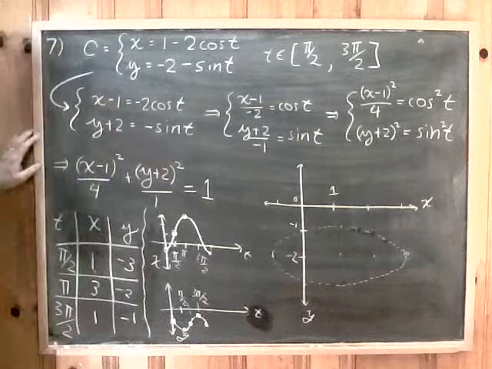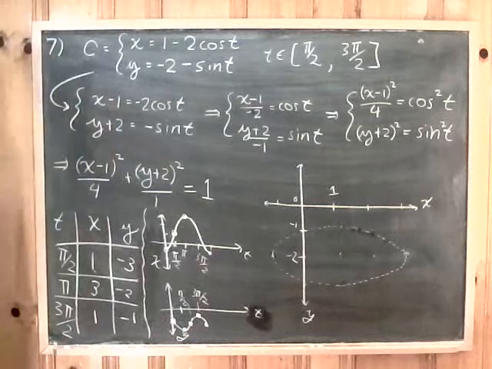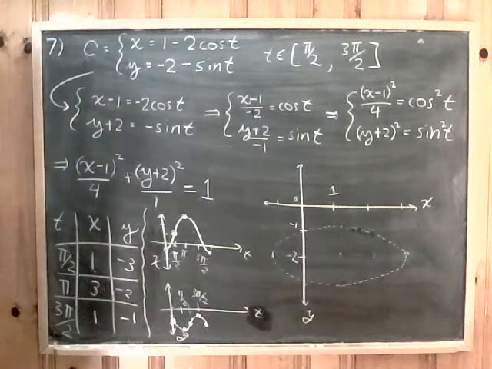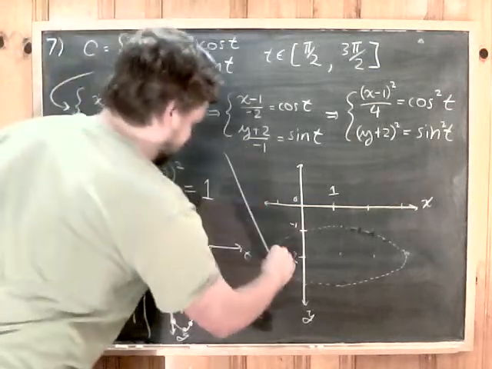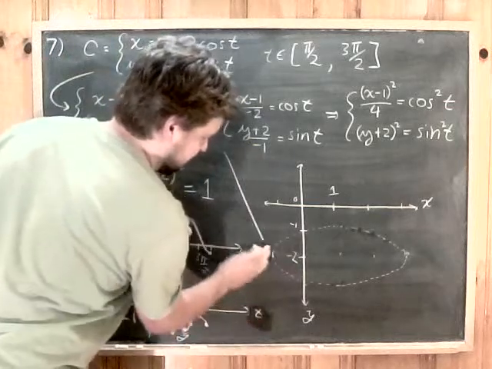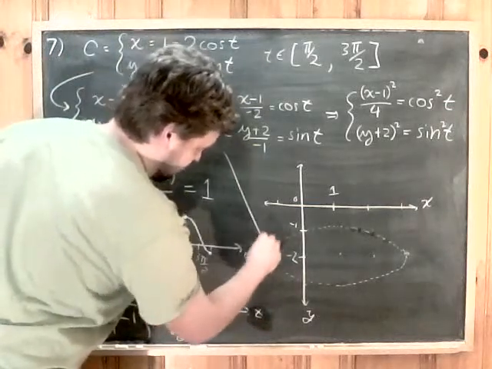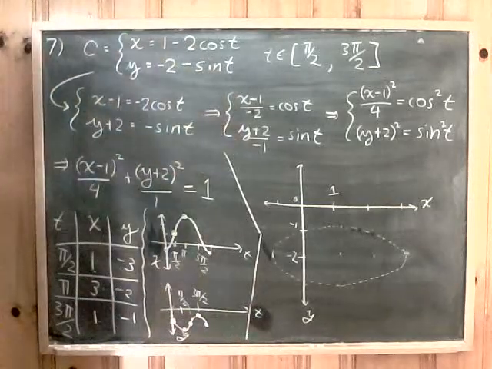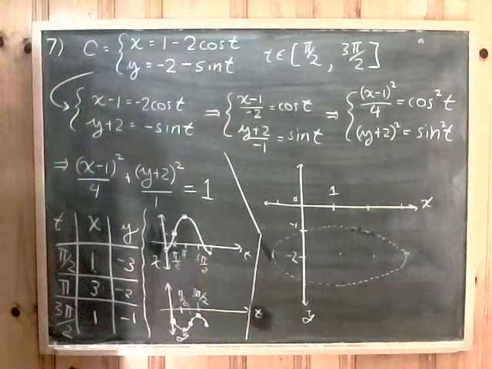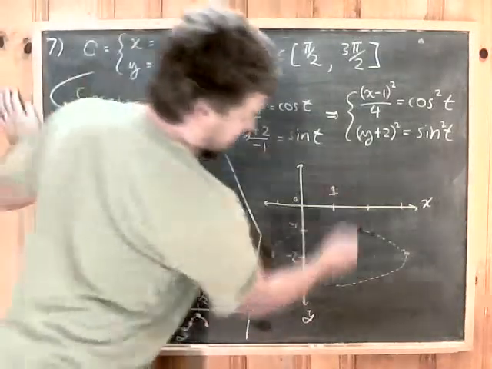-1. Okay. All right, now I've plotted those points, I can put them on my ellipse, because that's the shape that I'm actually working for. So all of these go to the final picture. There we go. And at pi over 2, it's x equals 1 and y is equal to -3. So 1, -3.